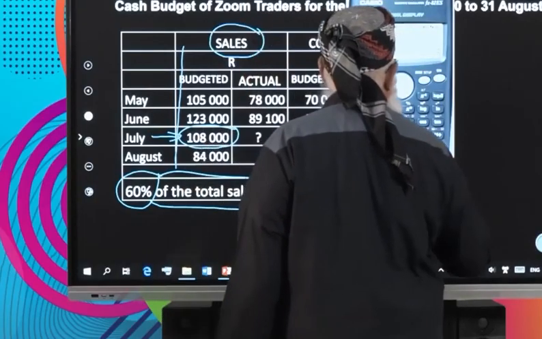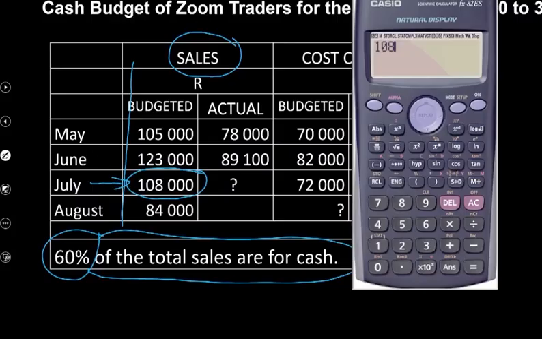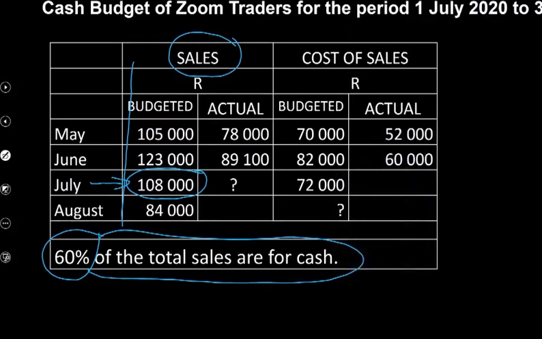Take the 108,000, which was my total sales for July, multiply that by 40%, because clearly the figure that's given to me is my total sales and my credit sales amount to 40% of that figure. Therefore, if I calculate this, it gives me a figure of 43,200.